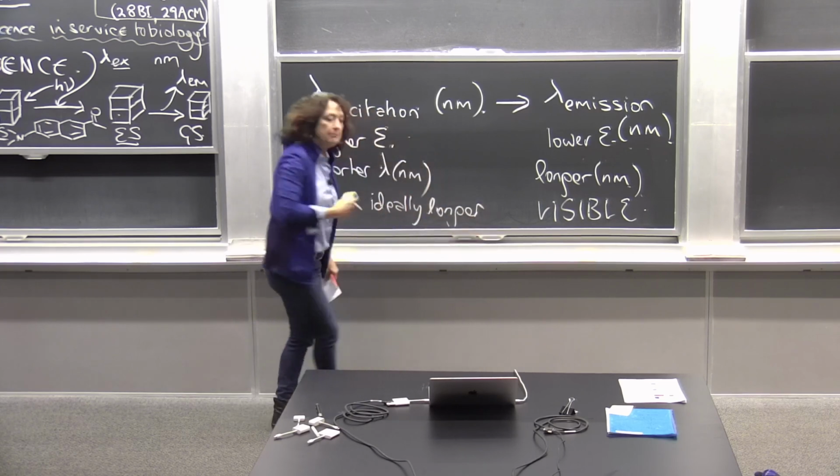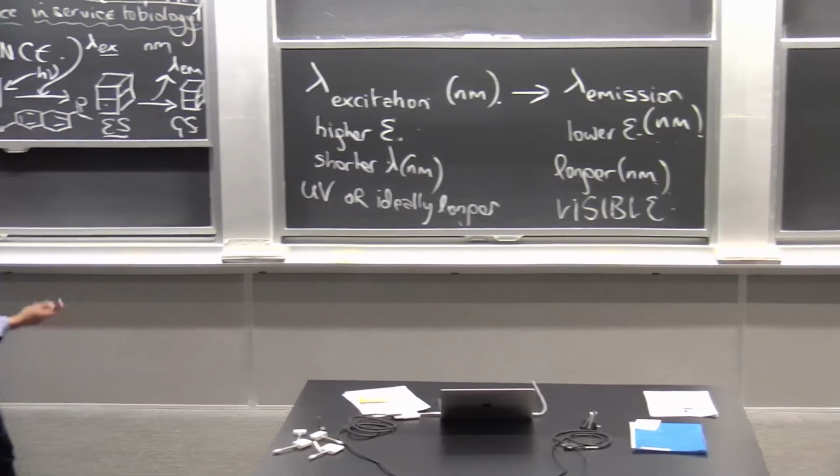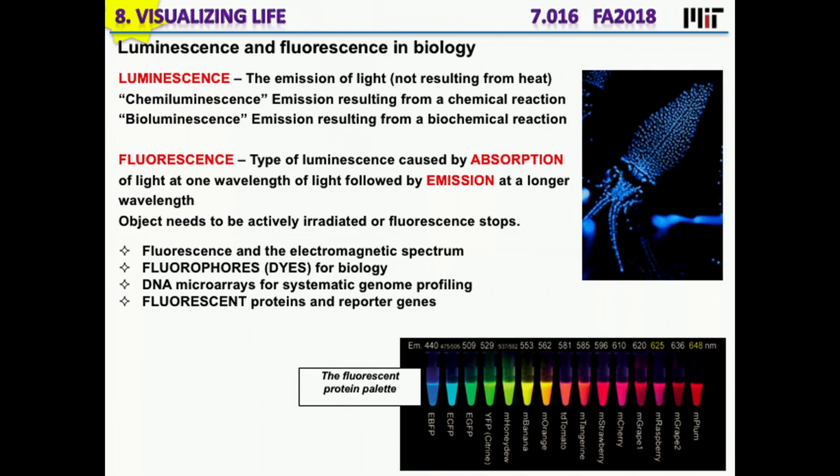And these themes are going to come up. This isn't the first time that you're going to see them, and it's not the last time you're going to see them. So let's take a look at fluorescent dyes in the electromagnetic spectrum in the next couple of slides.